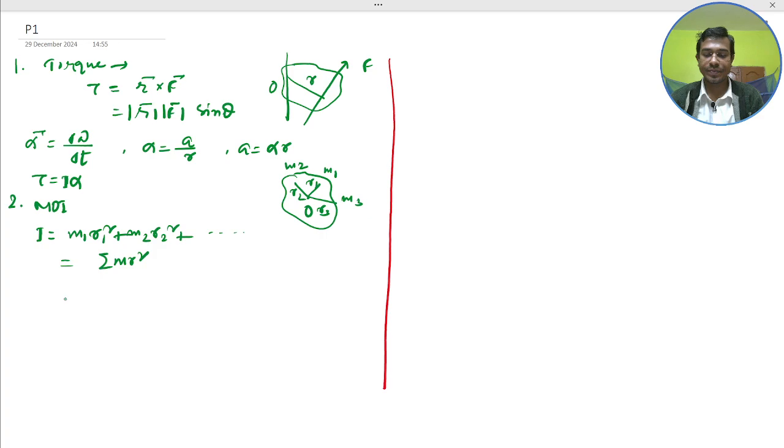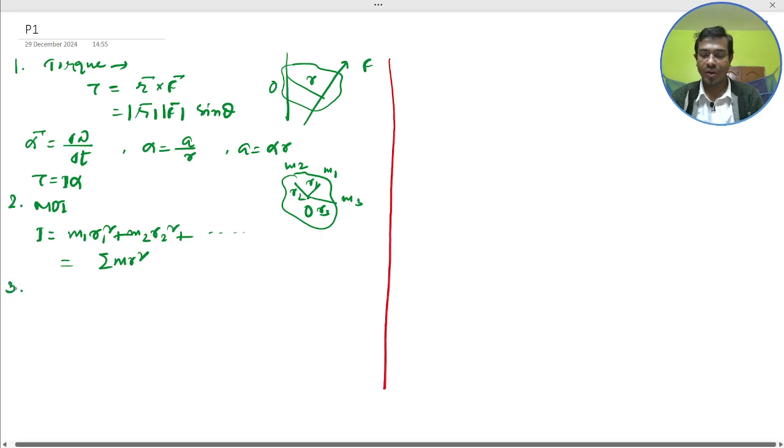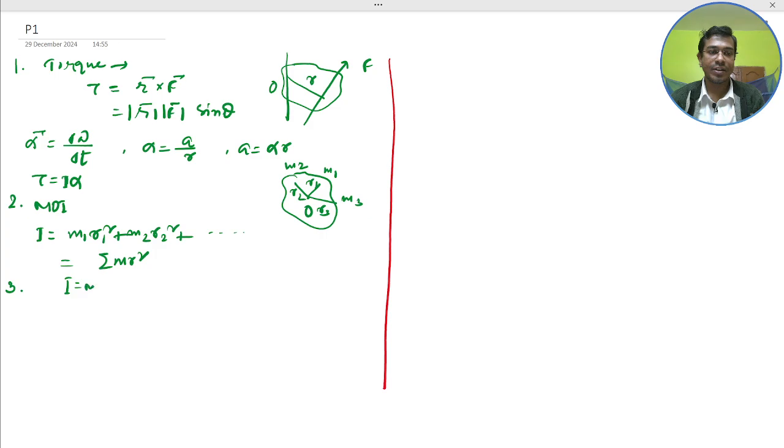Next, the radius of gyration: moment of inertia I equals m k square, where the radius of gyration k is root over I by m. This is called the radius of gyration.